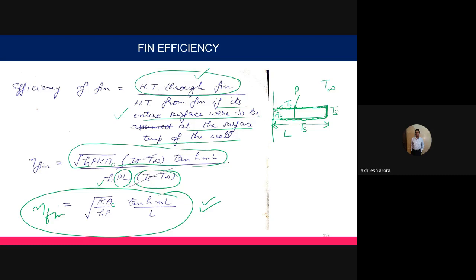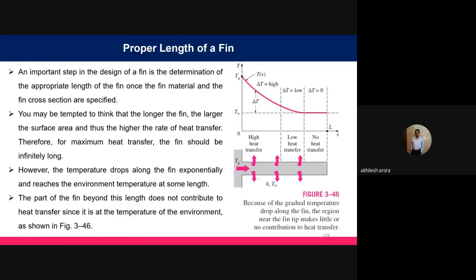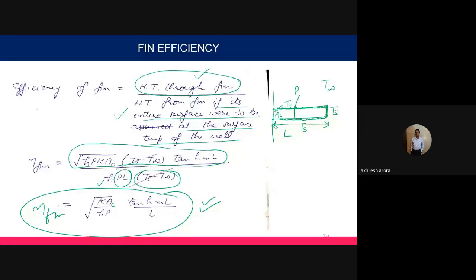Right now it is 10:57, and I would end my lecture here. In the next lecture, I will discuss the proper length of the fin. We have defined three types of fin cases. As I told you, the first case is not practical, the last case is also not practical, the second case is practical, but we should know what the appropriate length of the fin should be. We cannot just say that this much length is the appropriate length.